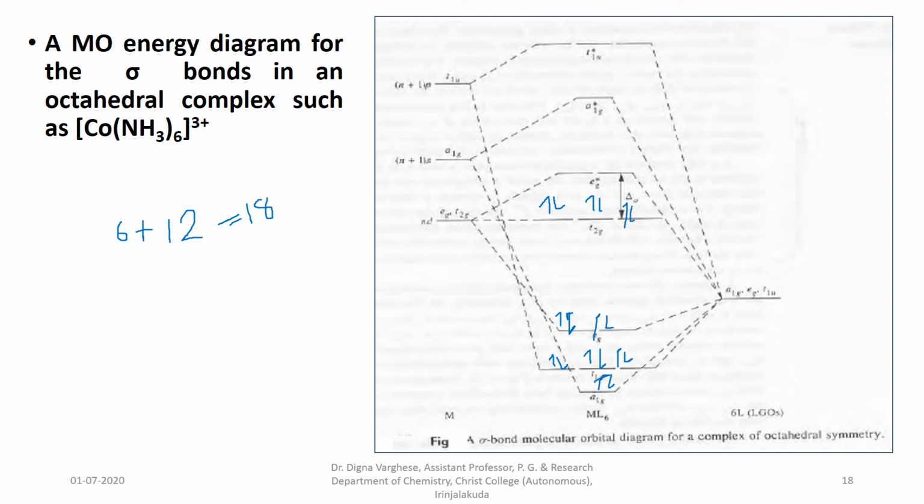Total 18 electrons. So the molecular orbital configuration is a1g2, t1u6, eg4 and t2g6.